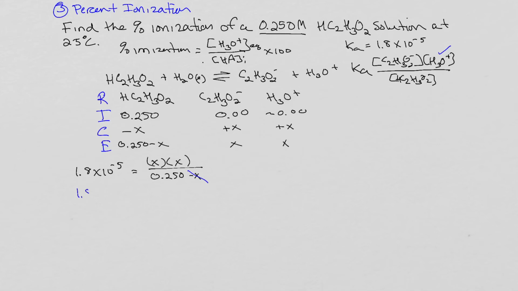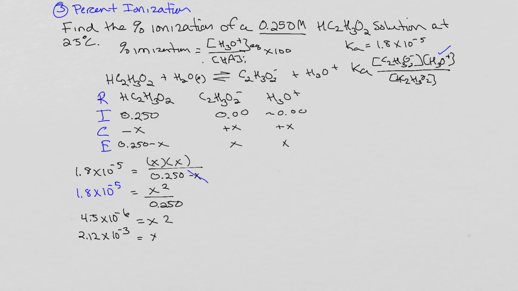So we can say 1.8 times 10 to the negative fifth equals x squared over 0.25. Now the math becomes pretty straightforward. We can solve and get x squared equals 4.5 times 10 to the negative sixth. x then equals 2.12 times 10 to the negative 3.